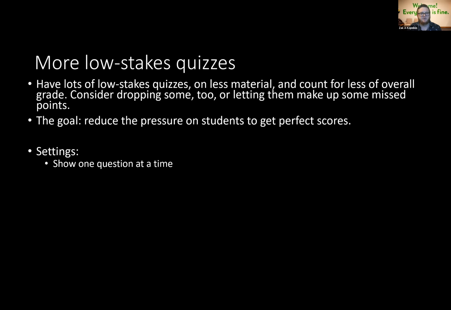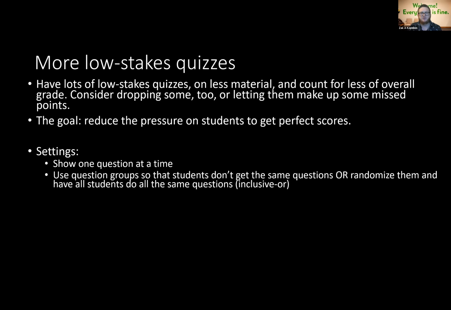Some settings you can use: show one question at a time. You can use question groups so that students don't all get the same questions. You'll have to write more questions, but you can do it that way. Or you can just randomize the questions so they have the same questions, but not in the same order. And you could do both of these, of course, for different questions.